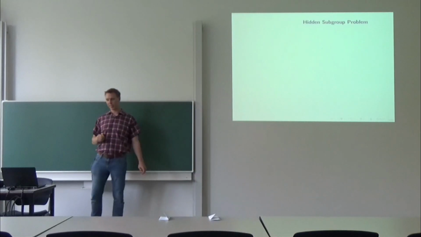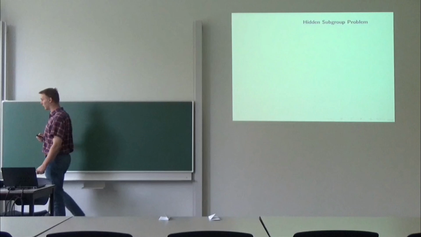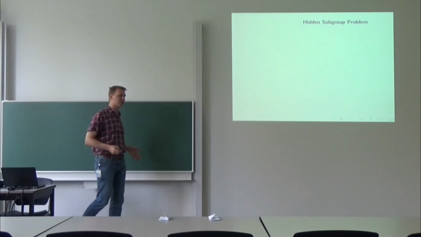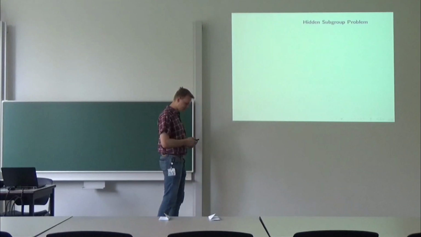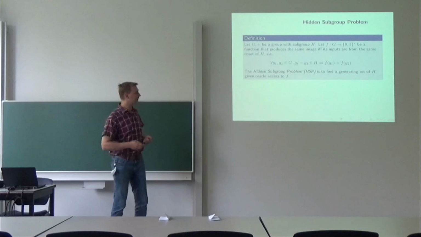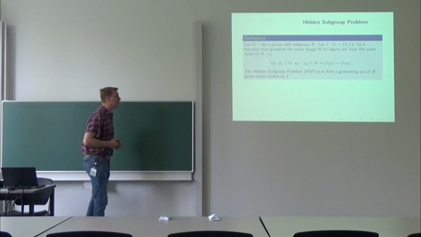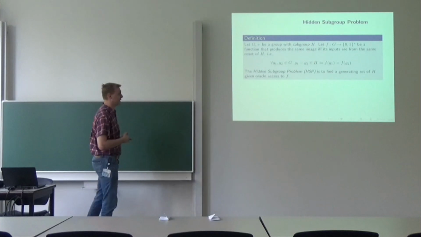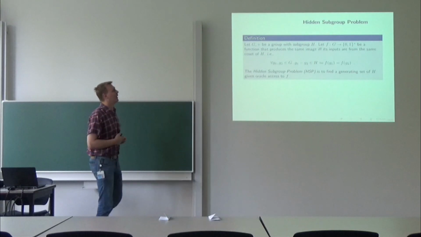So this is a small, or I should say just one example of a broader class of problems called the hidden subgroup problem. And it has a very mathematical definition. Namely, we start from a group containing a subgroup which is hidden by a function f.